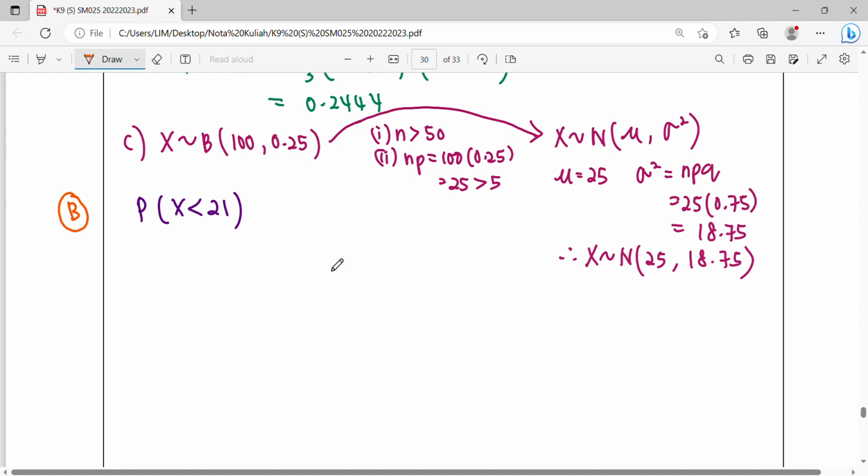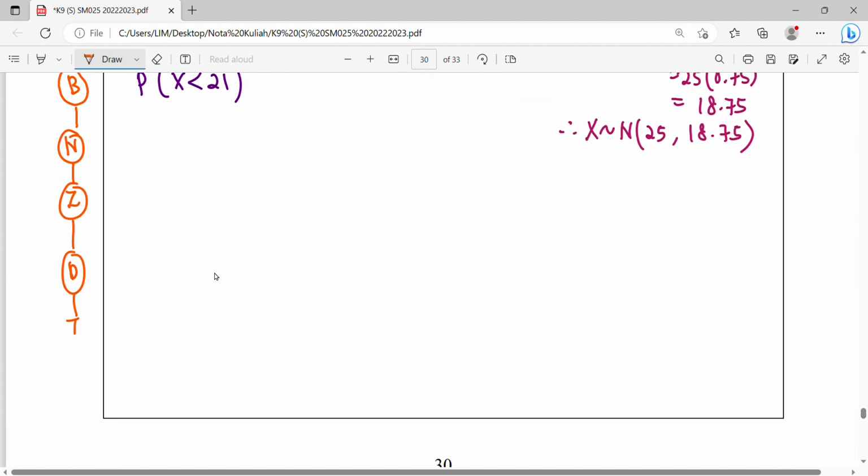X originally comes from a binomial with 100 samples. It is just not suitable, so we change it to normal, so our question changes from binomial to normal. So the flow will be n, then we solve using the normal distribution. So n, after that z, then we draw, then we find from the table and answer.